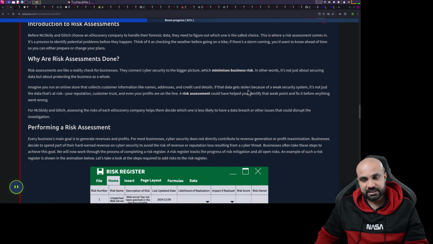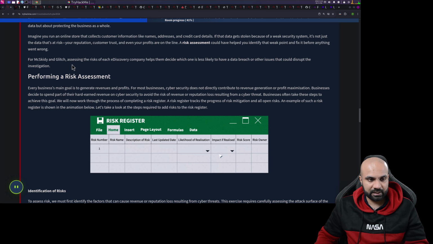If the data gets stolen because of a weak security system, it's not just the data that's at risk. Your reputation, customer trust, and even your profits are on the line. That is very correct. A risk assessment could have helped you identify that weak point and fix it before anything went wrong. For MaxKitty and Glitch, assessing the risks of each e-discovery company helps them decide which one is less likely to have a data breach or other issues that could disrupt the investigation.